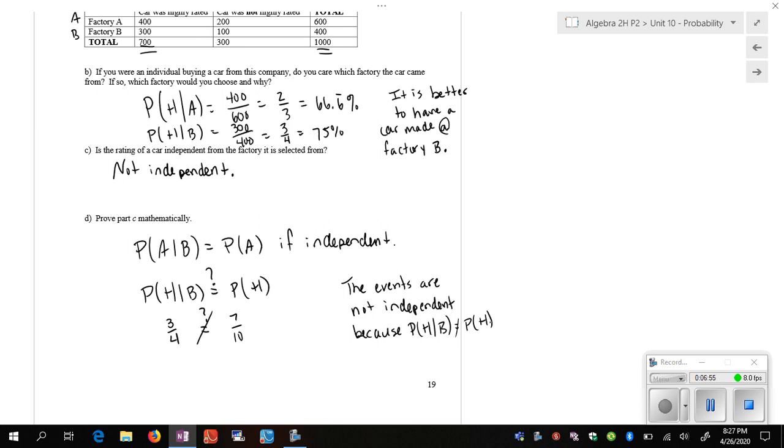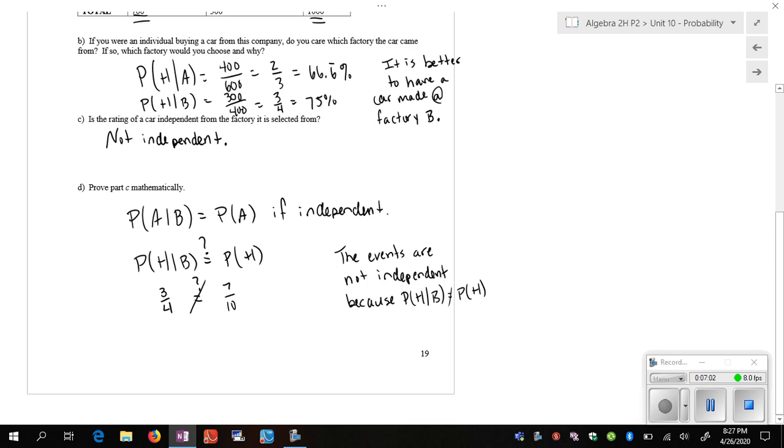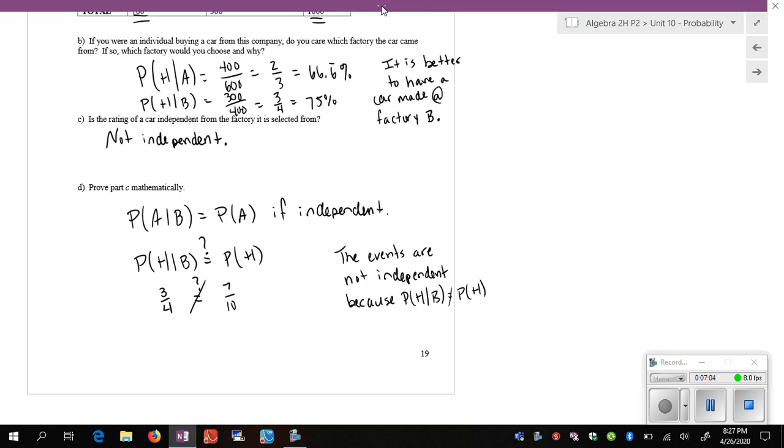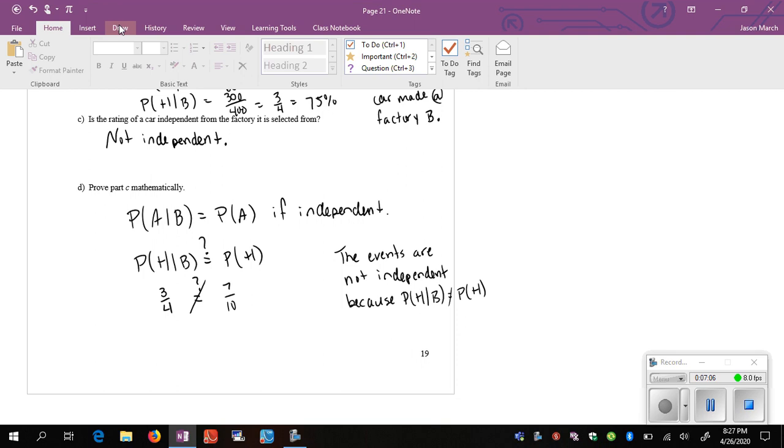Some of you might be asking, well, why did I use H and B? Why didn't I use H and A? And the truth is I could use those. We could be answering this question by using the probability that a car is highly rated and made at factory A. And so let's do that.